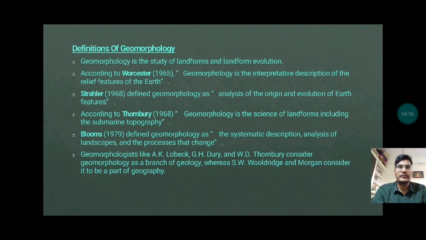Now, why am I teaching you the definitions of geomorphology? Because in the real exam, when UPSC asks any question regarding geomorphology, we simply try to put a layman type of definition in the introduction or somewhere in the body part.